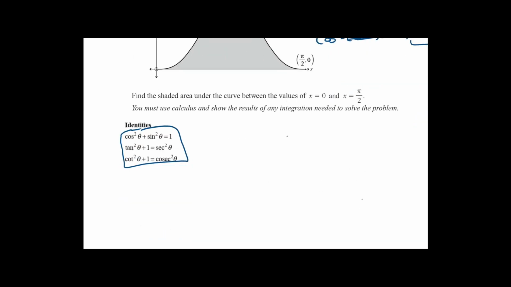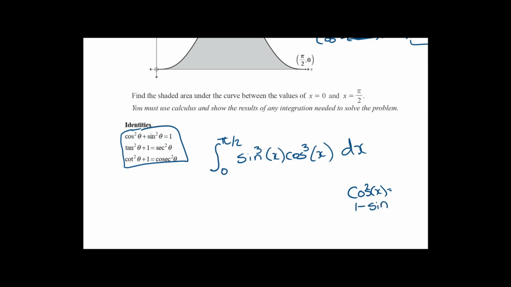So it's between 0 and pi over 2, sine cubed of x cos cubed of x. And I know that little trick that cos squared of x is equal to 1 minus sine squared of x. Okay, fair enough.